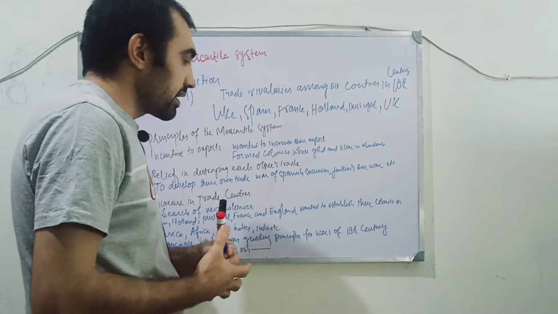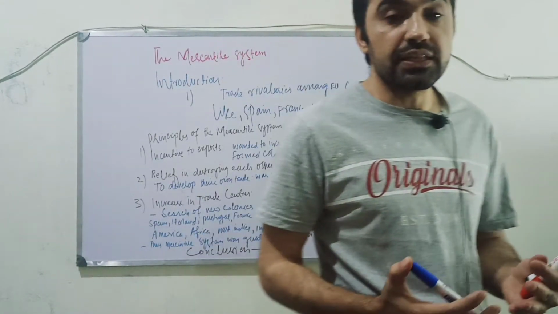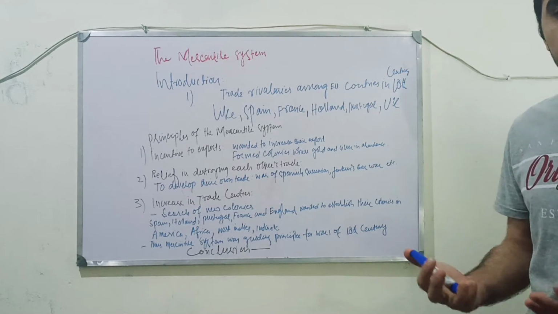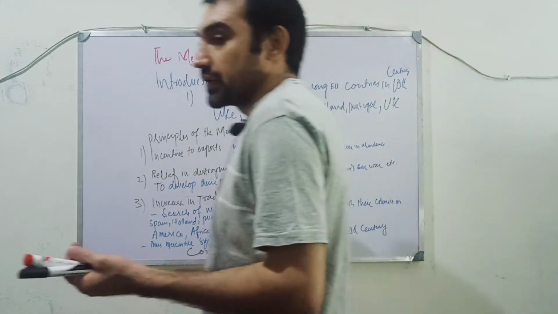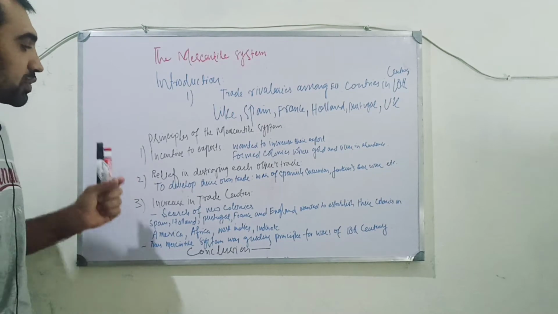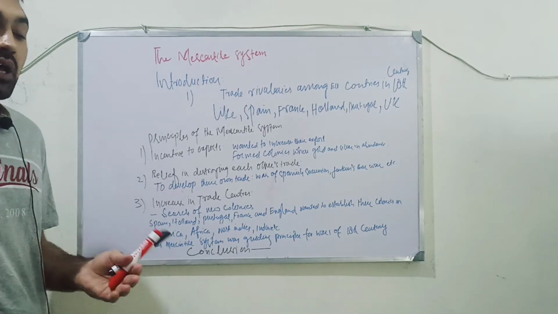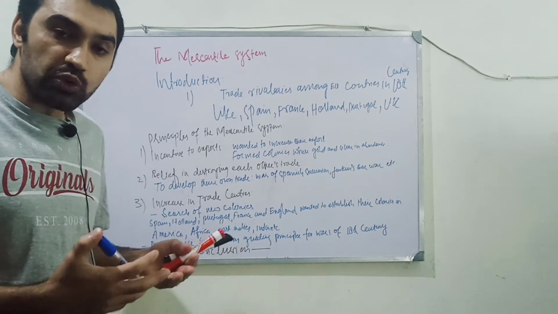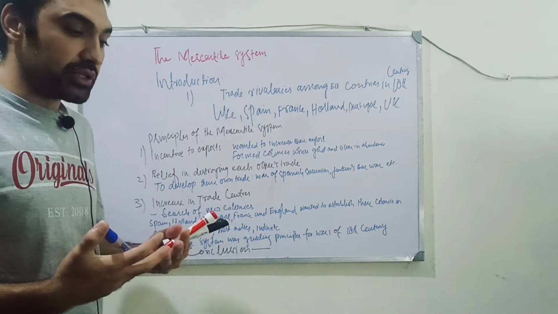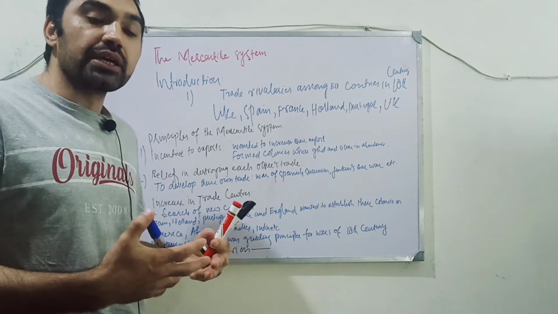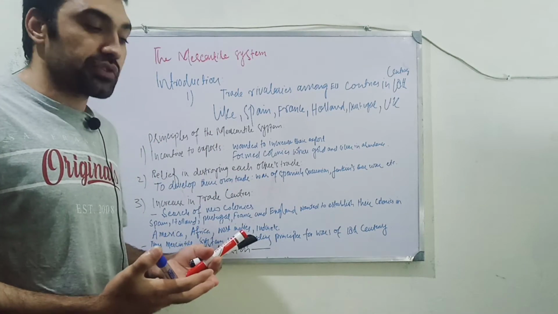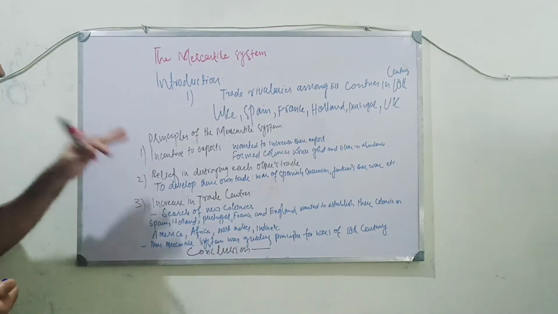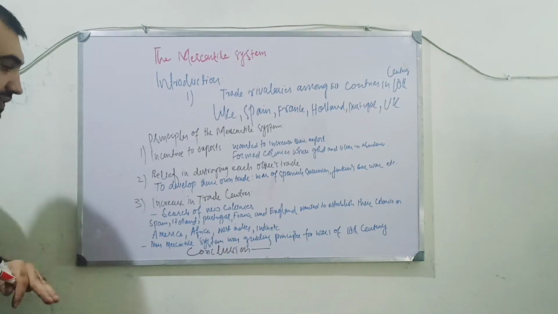Therefore, they searched for or formed new colonies where gold and silver could be found in abundance. So the first principle was incentive to exports, meaning to maximize or agglomerate their export commodities as much as they can.